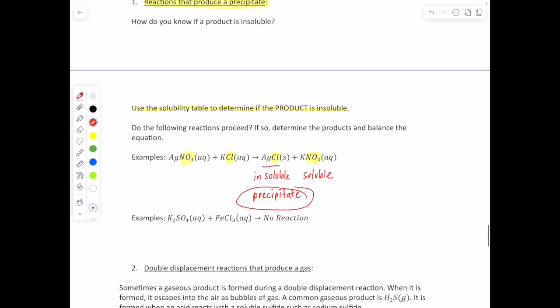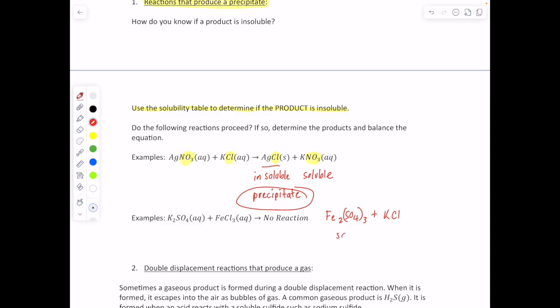Take a look at the next example. The potential products for this example would be iron sulfate and potassium chloride.